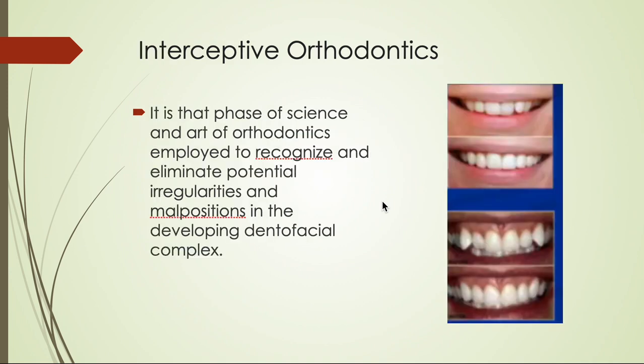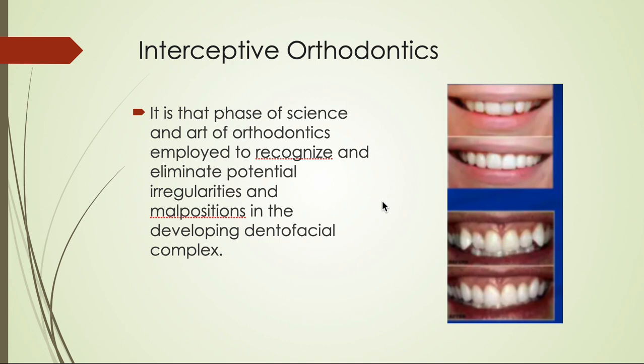Next is interceptive orthodontics. It is that phase in orthodontics, the science and art of orthodontics, employed to recognize and eliminate potential irregularities and malpositions in the developing dentofacial complex.